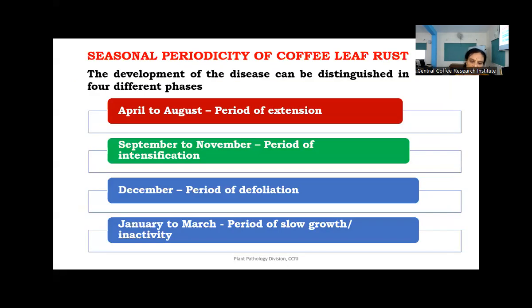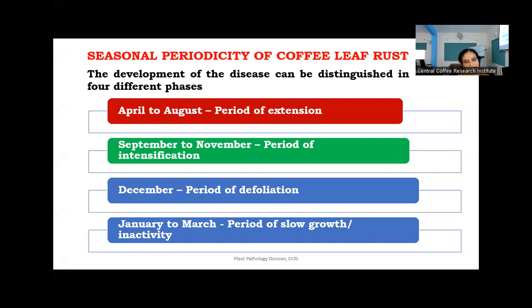Is there any season for this disease, or is this disease seen in the pre-monsoon, post-monsoon, or mid-monsoon? Yes, this disease is seen throughout the year. It can be distinguished into 4 different phases: period of extension, period of intensification, period of defoliation, and period of slow growth or inactivity.